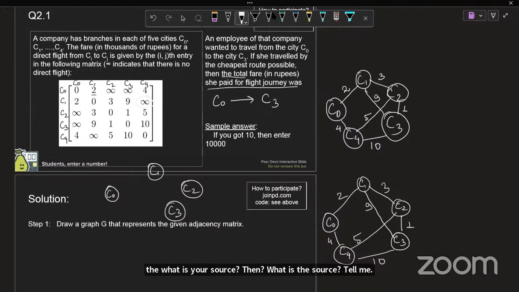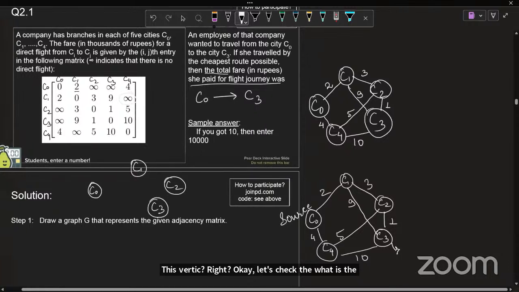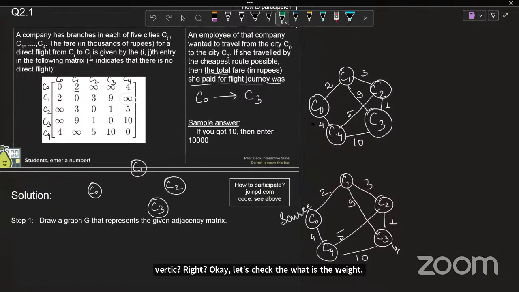Let me check. Yes, our source is C0, and we want to go to C3. Okay, let's check the weight.